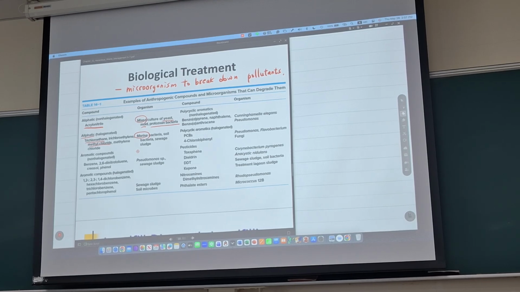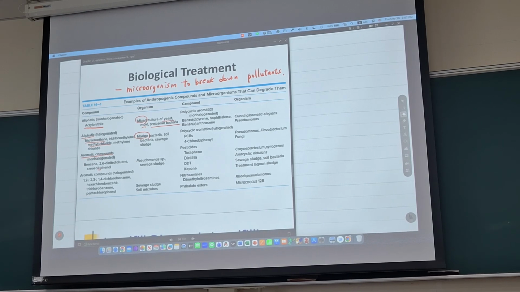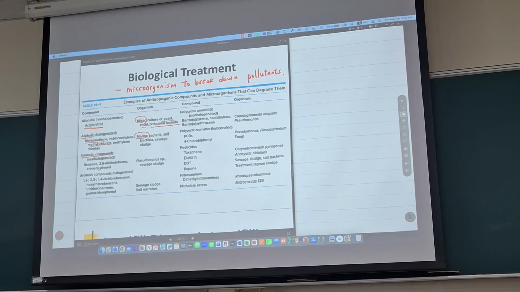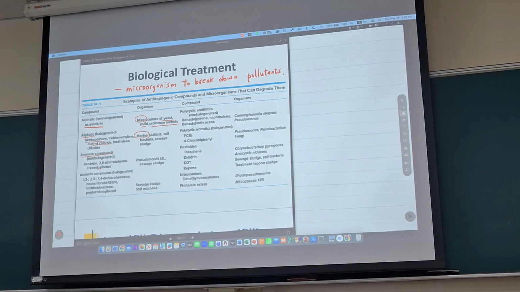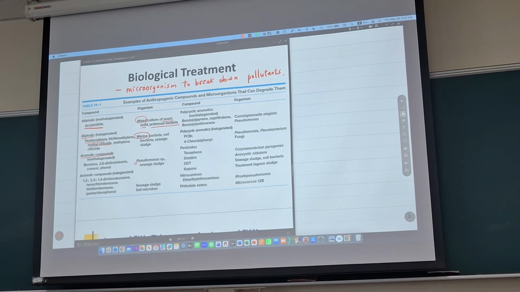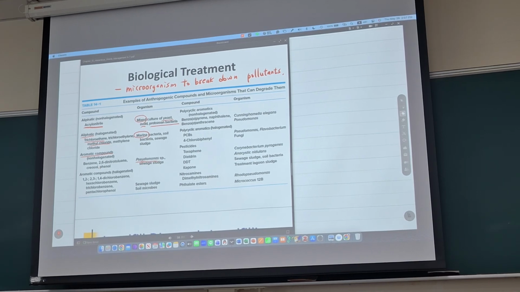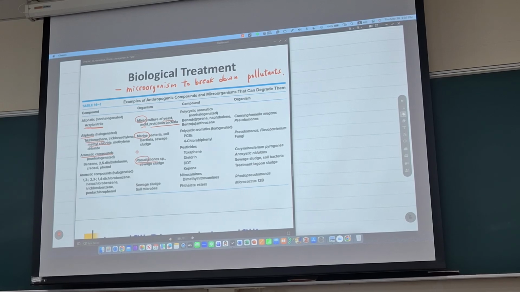And for example, aromatic compounds such as benzene, phenol, and cresols can be degraded by something called Pseudomonas. Pseudo means fake.